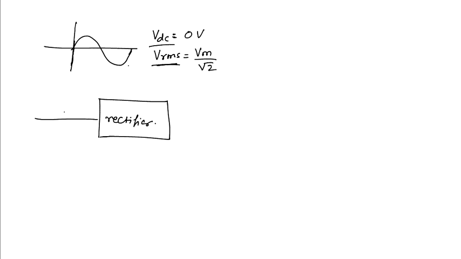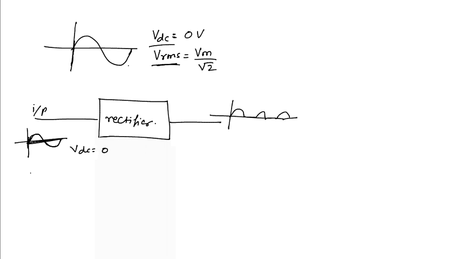A rectifier circuit will be given an input like this. If this input is given to the rectifier, suppose we have this half wave rectifier, this will convert this input waveform into this waveform. Now this is the output waveform of this rectifier.